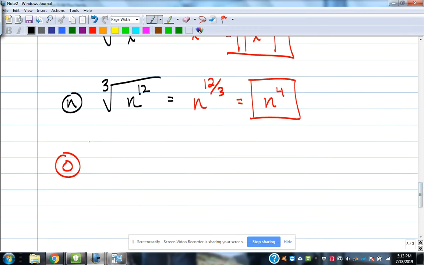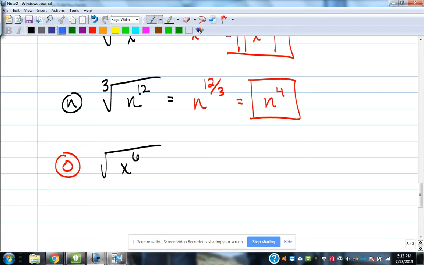Another one. Let's do this. There's a good one. It kind of throws in some stuff that we might accidentally forget. And no, I didn't forget to write something. What do we know about that particular root?